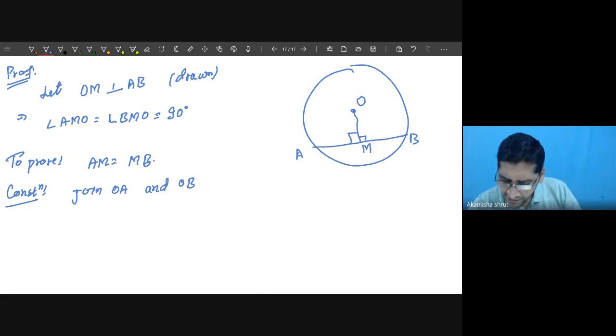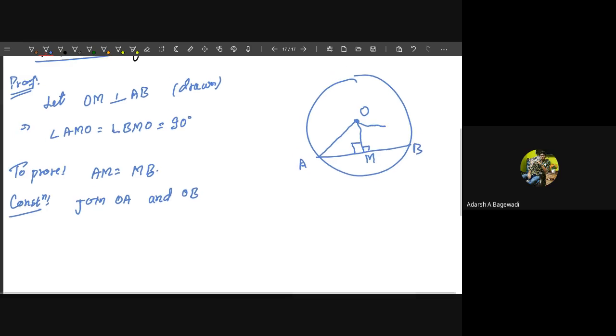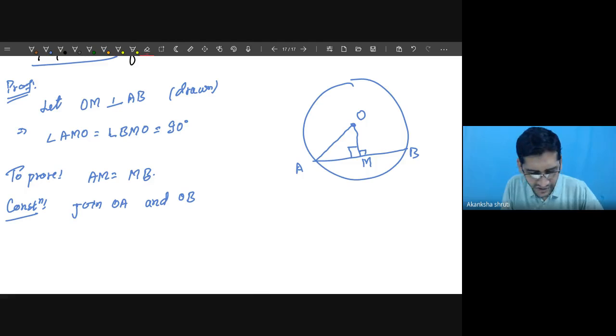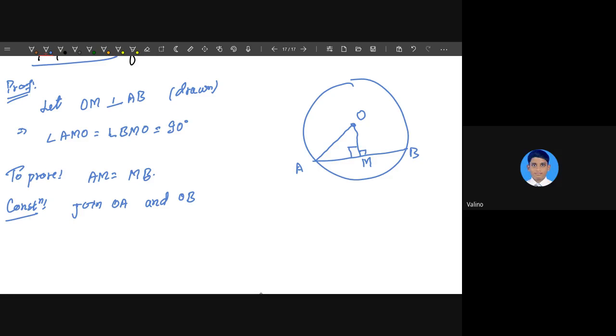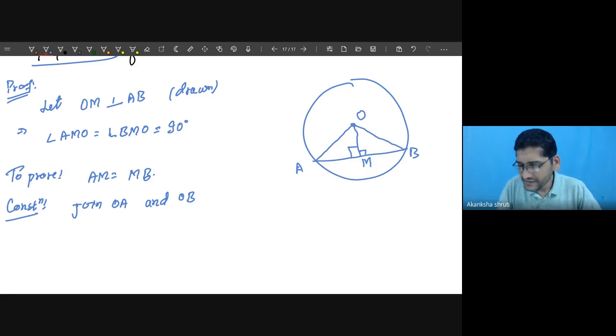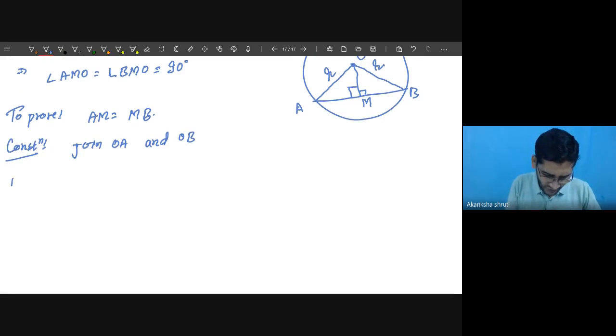So after joining, what do they become? OA and OB are radii. Very good. So while we are joining, these are the two radii, therefore these two will also be equal. Okay. Now let us start the proving.